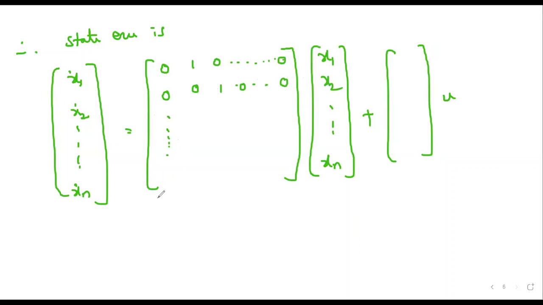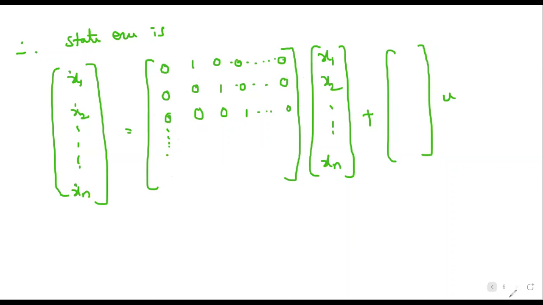Then the last, xn dot. If you continue it will be like this. Correct? Yes, sir. If you remove the first column, it is like a full identity matrix.